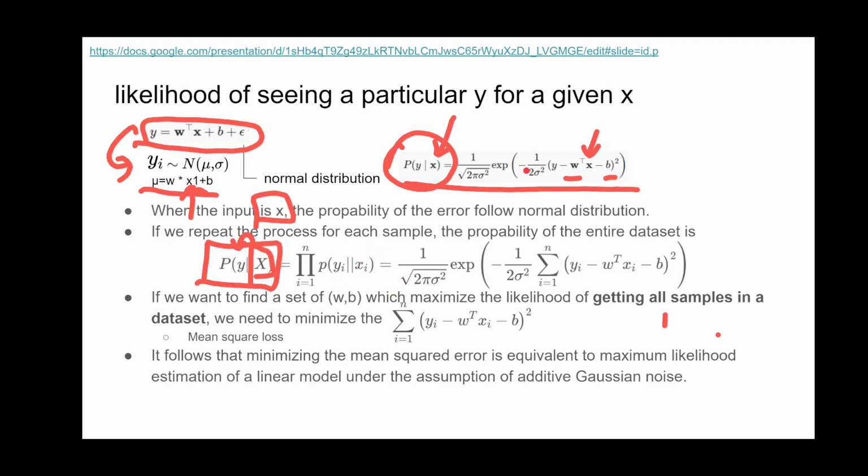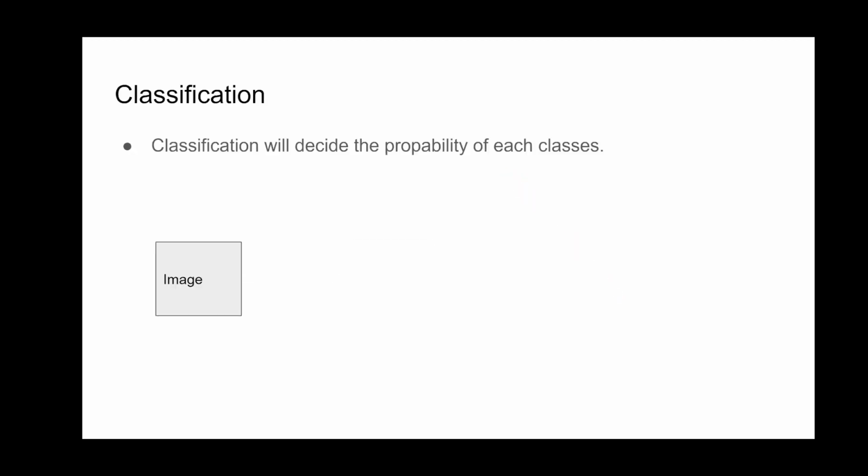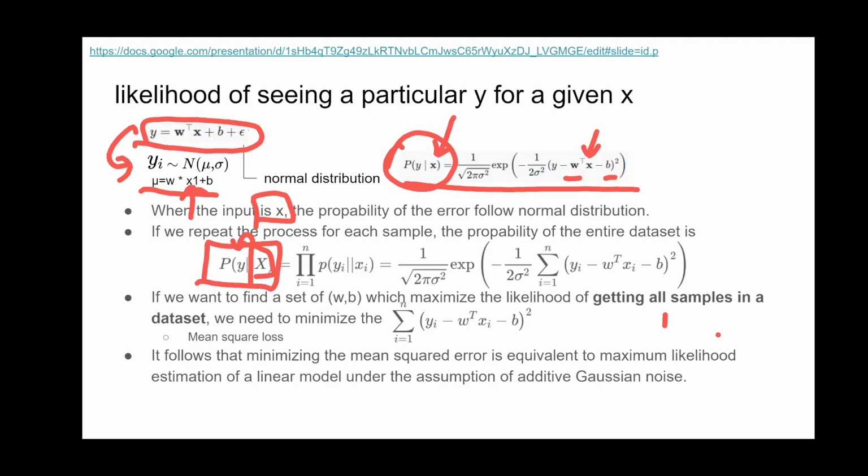And then we can substitute p of xi, yi using this formula, and since the product of the exponentials becomes the sum of its exponents, this function will become this one.